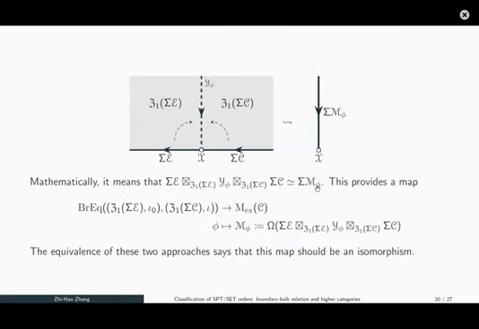This M φ means the gauge theory associated to this equivalence φ. So mathematically, it says this relative tensor product of fusion 2-categories is equivalent. So this gives a map from the set of braided equivalences to the set of minimal modular extensions. And the equivalence of these two approaches says this map should be an isomorphism.